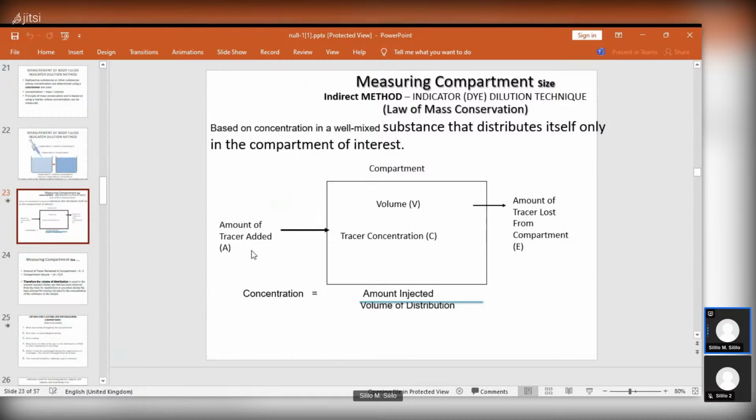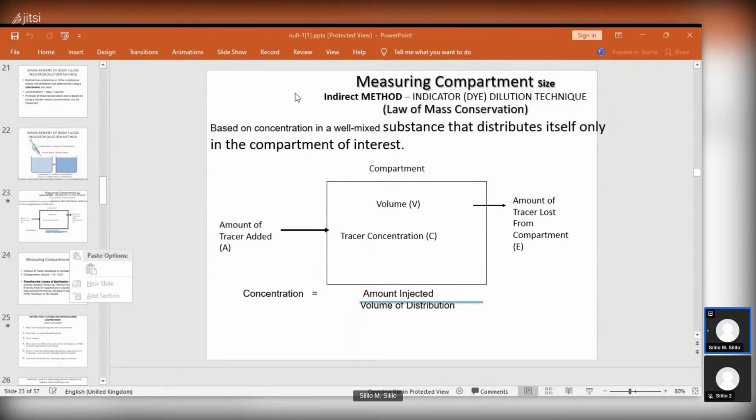And then, based on that measurement, you simply withdraw blood if it's your plasma. You calculate the new concentration. Using the new concentration and the previous mass that you had injected into your body, you calculate the volume of that concentration.